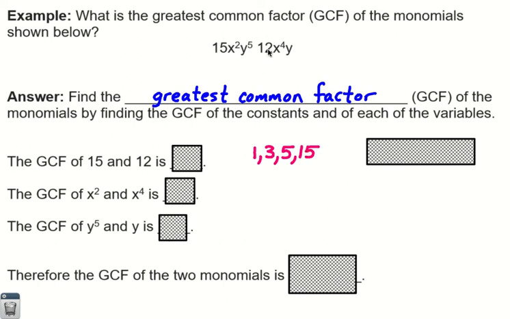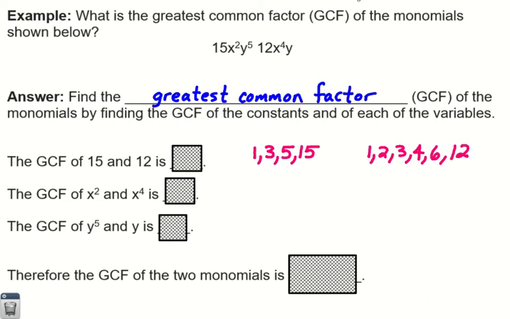And what are all the factors of 12? Those are 1, 2, 3, 4, 6, and 12. So a factor of a number is a number that can be divided into it cleanly. Now, if I said, what's the GCF of 15?